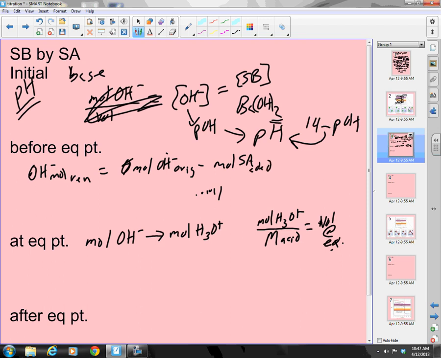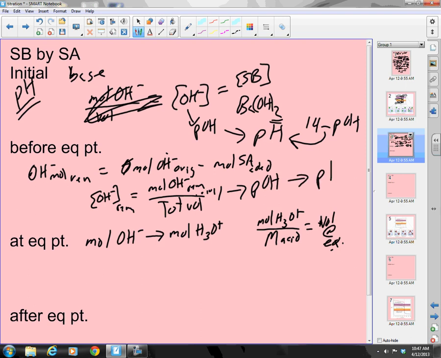Then once I do that, I'm going to get my concentration of hydroxide remaining, which is equal to moles of OH remaining over total volume. And from that, I'm going to get my pOH, and from that, I'm going to get my pH. At equivalence point, it's 7.